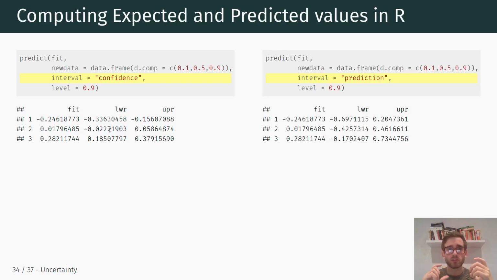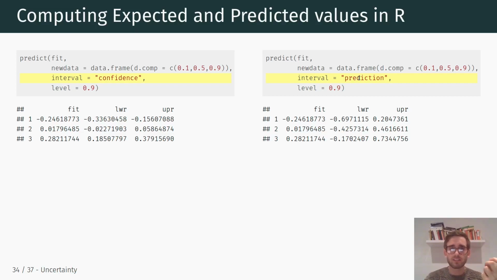On the other hand, if we want to look at the prediction uncertainty, so if we don't only want to look at the uncertainty around the expected value for a specific scenario of our independent variable, but rather want to take into account the fundamental uncertainty, the error term in our model, we can ask for the prediction interval rather than the confidence interval. This takes into account not only the estimation uncertainty around our estimates, but the error term as well.